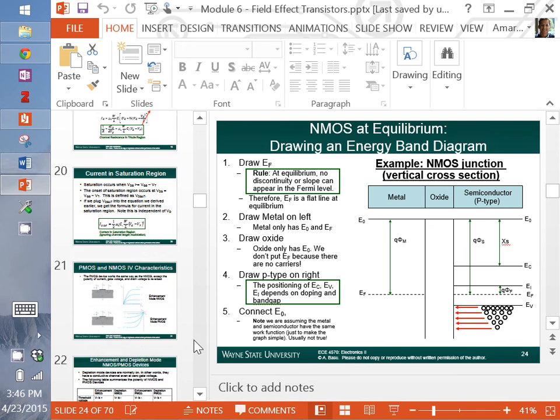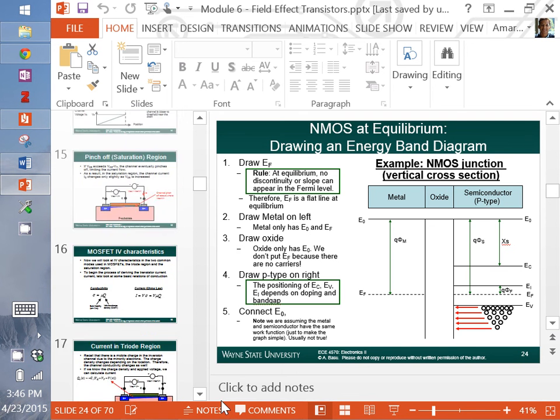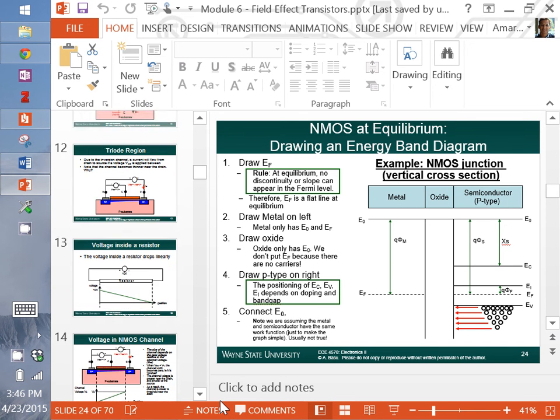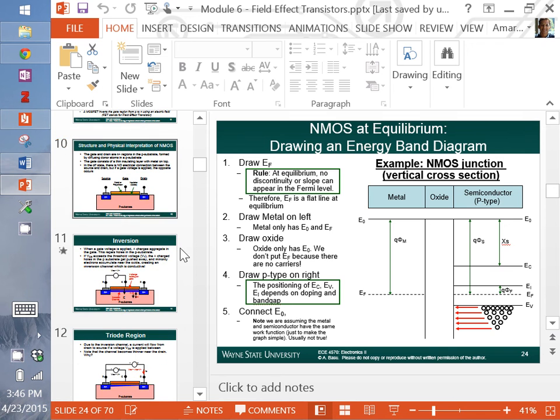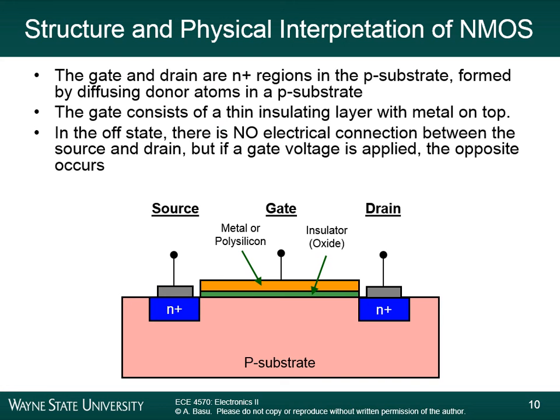Let's go back to the structure of the MOSFET. So we're going from the gate, the metal, to the insulator, to the substrate. So we're going in the vertical direction here. So the diagram I'm going to show you now is the energy band diagram in the horizontal cross-section, going from source to the channel region here to the drain.